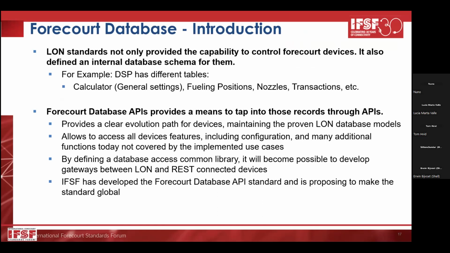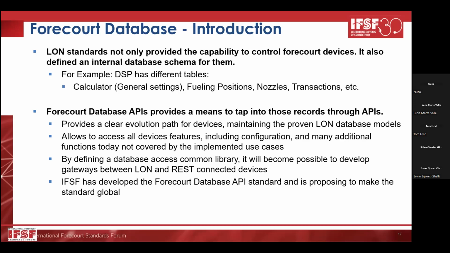There are several specific APIs that are general for all the devices, but then for each type of device you will have a database schema that includes all the information that was completely migrated from the original LON standard.